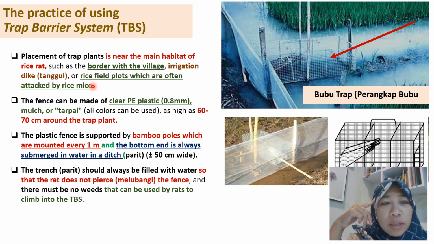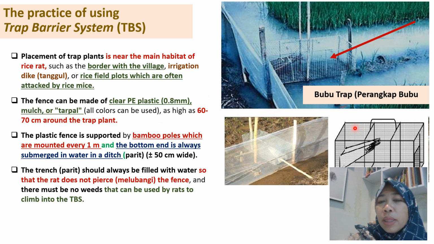And then the fence should be made from plastic of 0.8 millimeter or use terpal. The height is about 70 centimeters from the ground, and the plastic fence is supported by bamboo poles mounted every 1 meter.